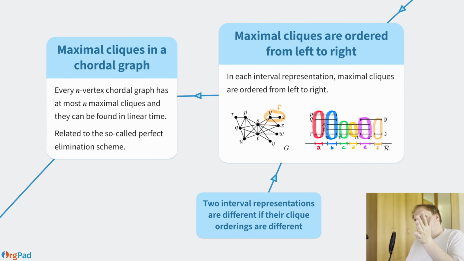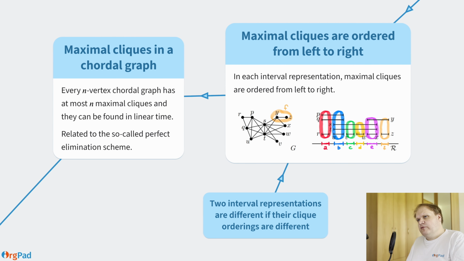For a general graph, finding maximal cliques would be difficult because there might be exponentially many of them. But in case of interval graphs or even chordal graphs, there are actually at most n maximal cliques, so they can be found really quickly. And this is related to something called perfect elimination scheme. It can be found by a modification of the BFS algorithm for searching of the graph, and the modification deals with ties.